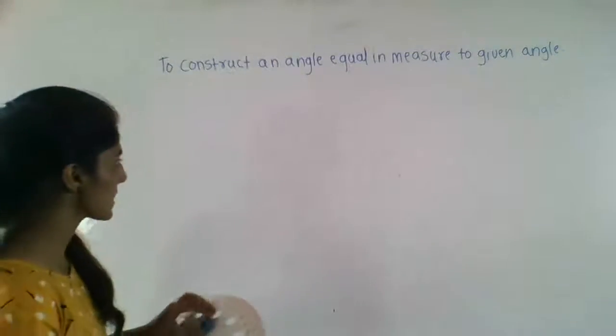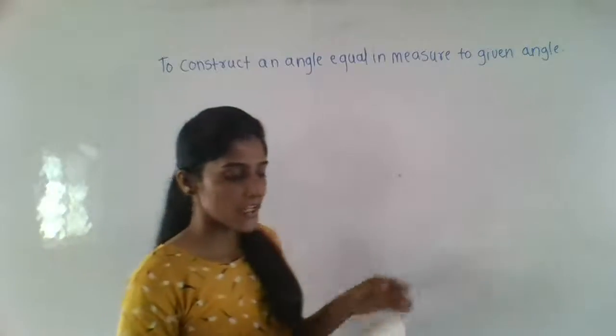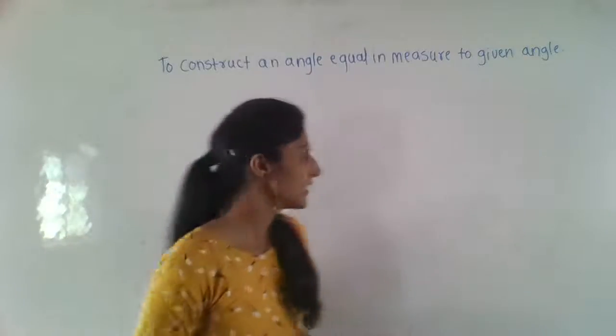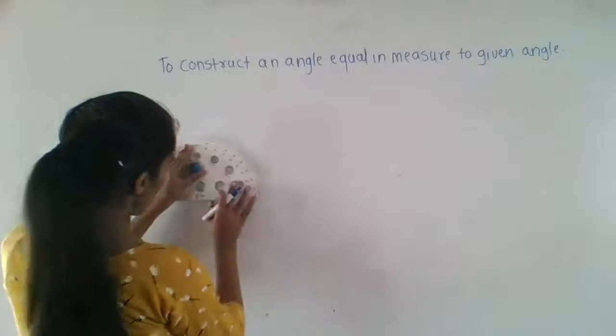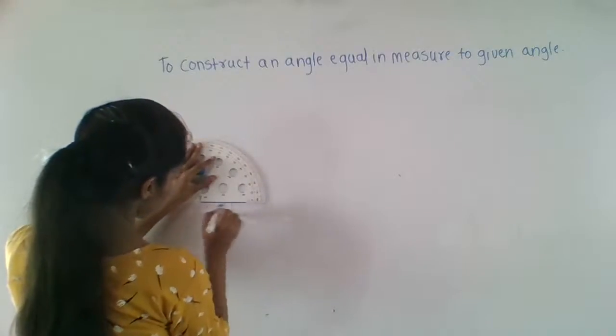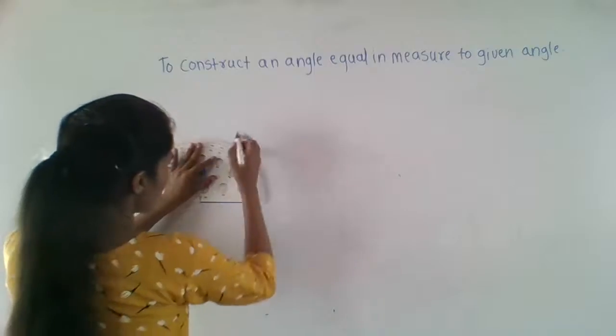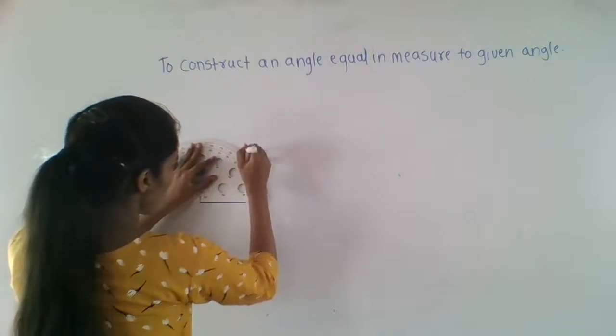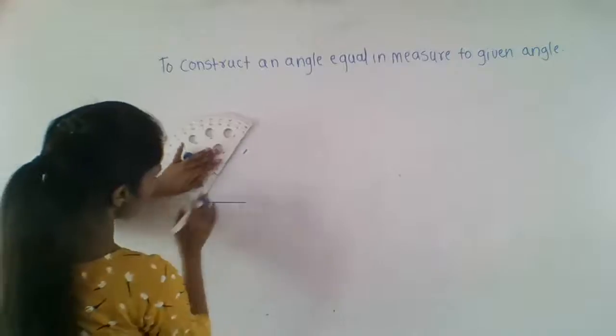Like the first angle, suppose here we take an angle of 50 degrees. You can take an angle of any measure. So join this.